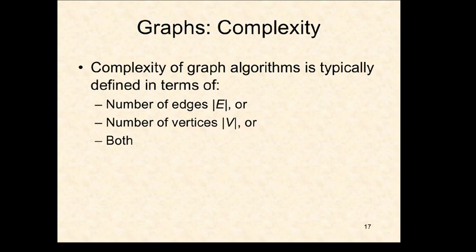Now, when we talk about the complexity of a graph, we could give the complexity in terms of the number of edges, the number of vertices, both, or something else.